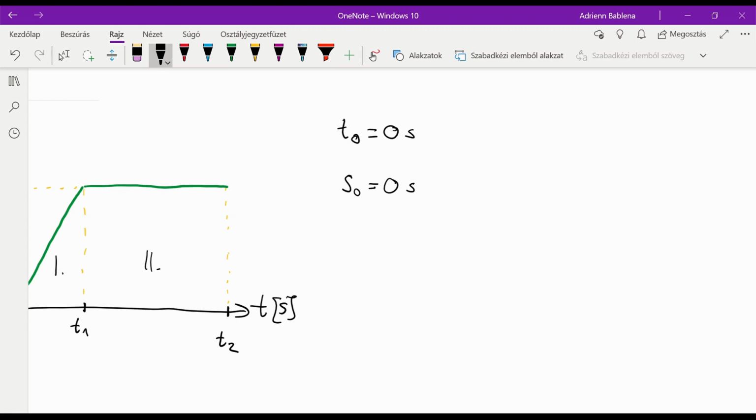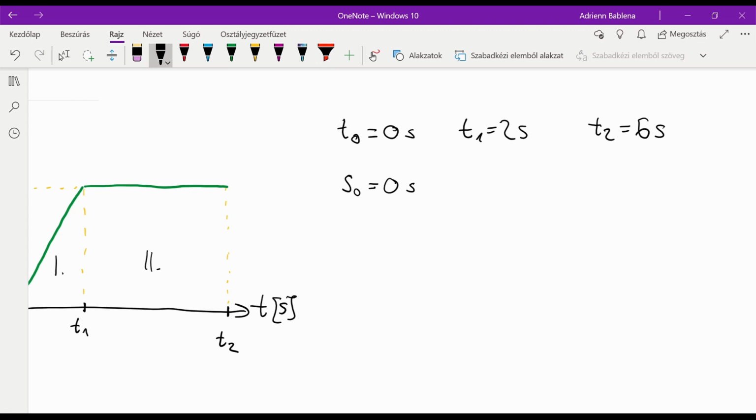We know t1, it's 2 seconds, we know t2, it's 6 seconds, so we know every t parameter, t0, t1, t2.